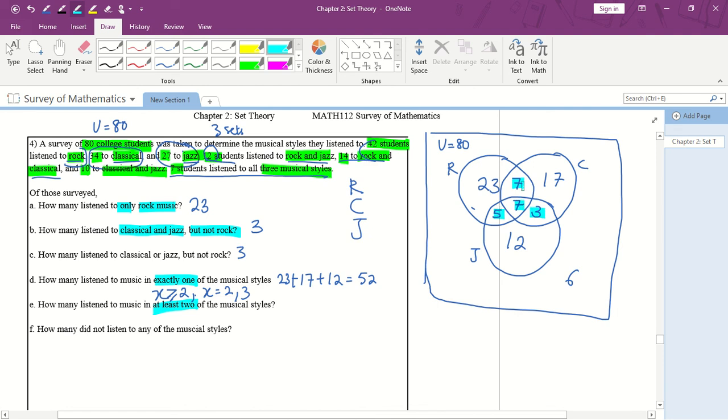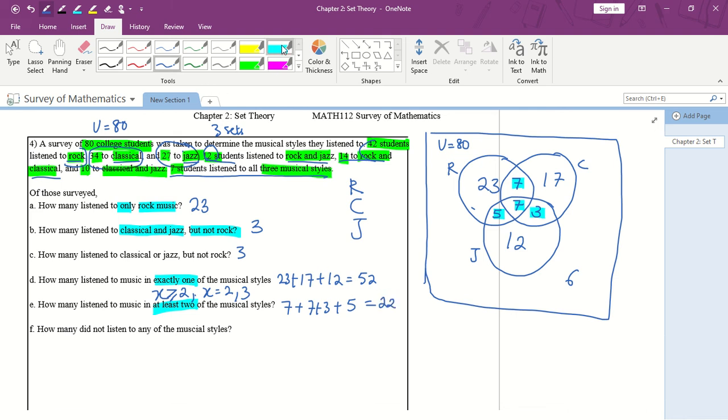Remember, this is 2, 2, 2, because it intersects 2 musical styles each time. And the last one is 7 here, 3 musical styles. So we can add it here: 7 plus 7 plus 3 plus 5. 7 plus 7 is 14, 14 plus 3 is 17, 17 plus 5 is 22.